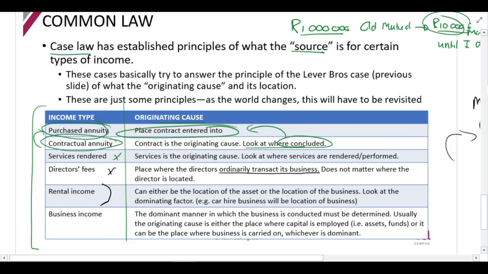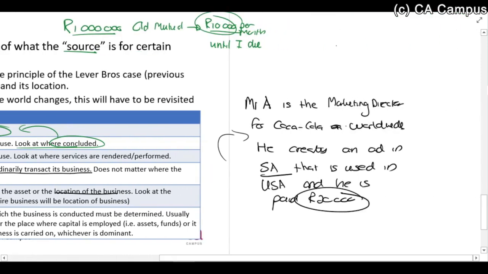Rental income is the location of the asset or the location of the business. They say look at the dominating factor here. Okay, so let me explain to you what this means. Let's say that there is a flat or house in Cape Town that is being rented out.